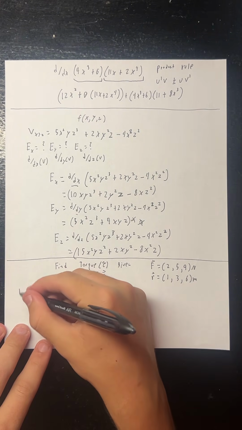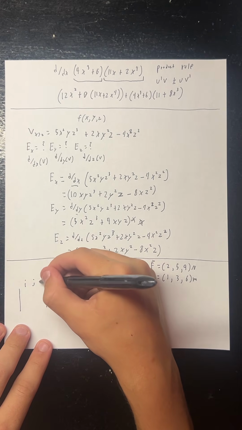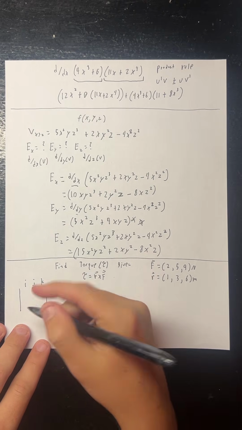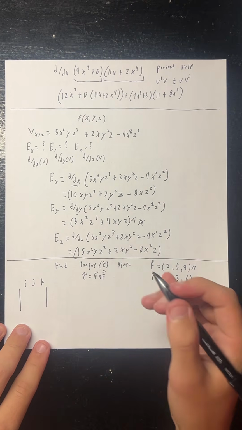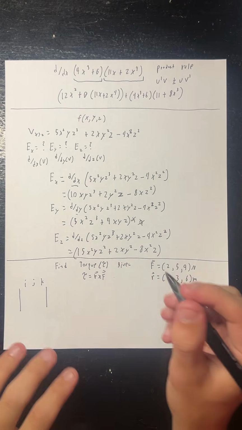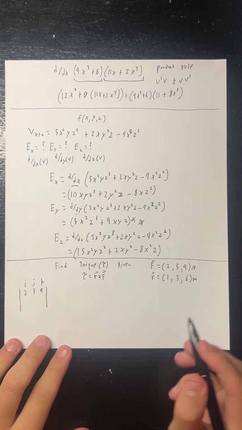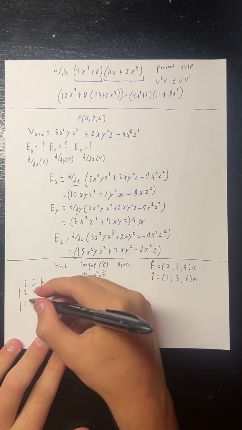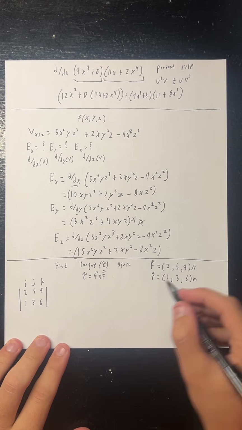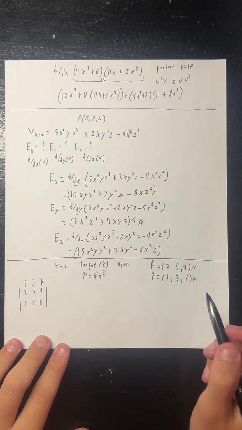So it's matrices, right? So we have our main big one with I, J, K, and we basically first plug them in. So for our F, we can plug in 2, 5, and 9, and our R, we can plug in 1, 3, and 6, because they each correspond. This I corresponds to 1, J, 3, K, 6.